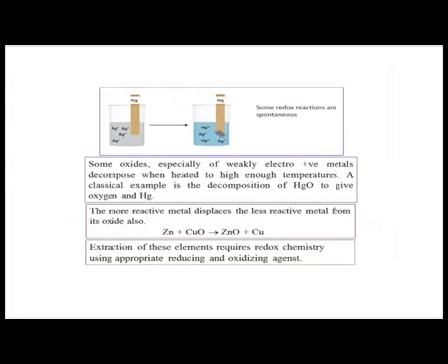So, the heating of HgO is the simple heating of HgO itself, but we can also use some reactive metal. The reactive metal like zinc is used with cupric oxide, and in this particular case, we state that the more reactive metal displaces the less reactive metal from its oxide also.